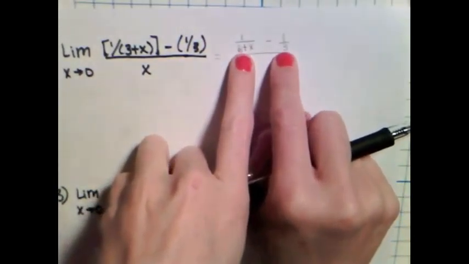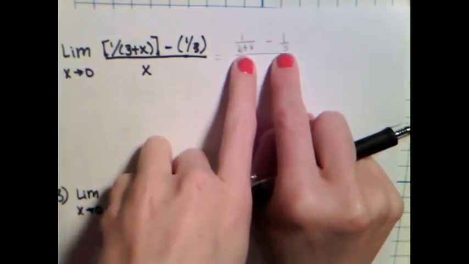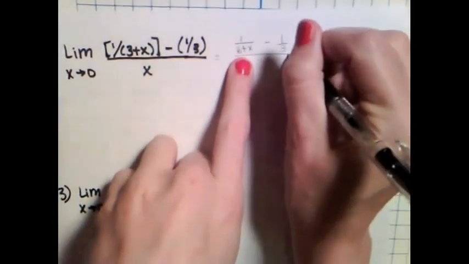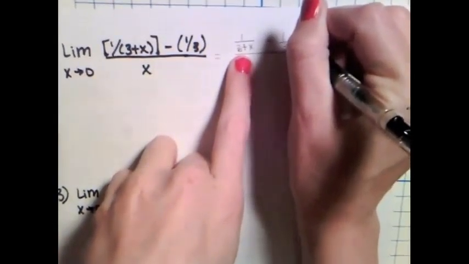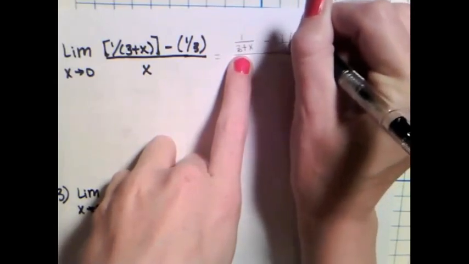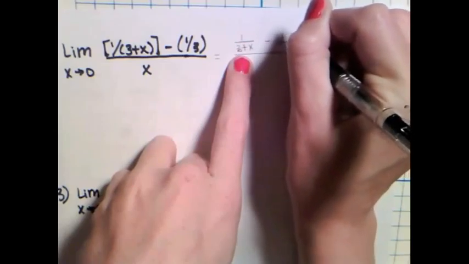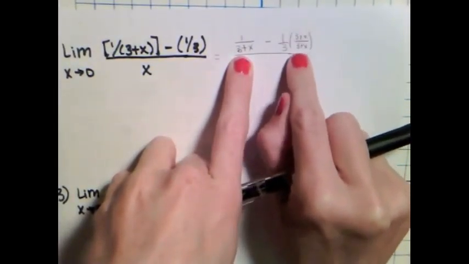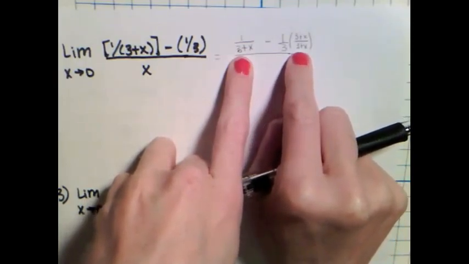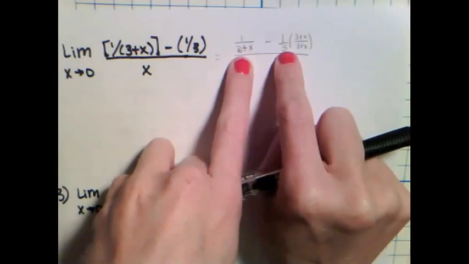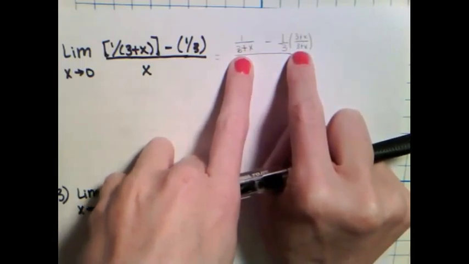Now, we know that we cannot subtract these fractions because they do not have a common denominator. But if I multiply my 1/3 by 3 plus x over 3 plus x, which is 1 in the form of 3 plus x, this will give me a denominator of 3 times 3 plus x.